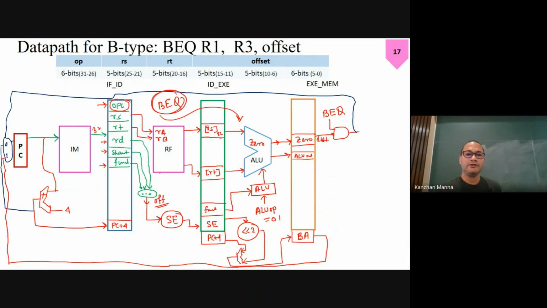In this stage, we are calculating the offset, and then we are performing the sign extension in this stage only. When BQ is also there, then we are storing it here. Now BQ is moving to this stage.